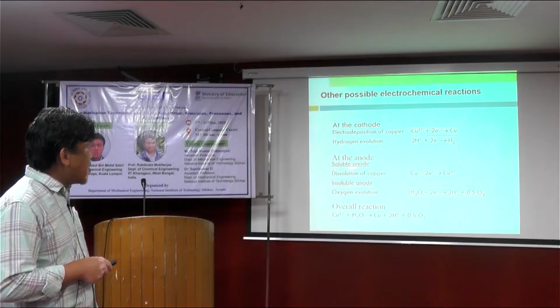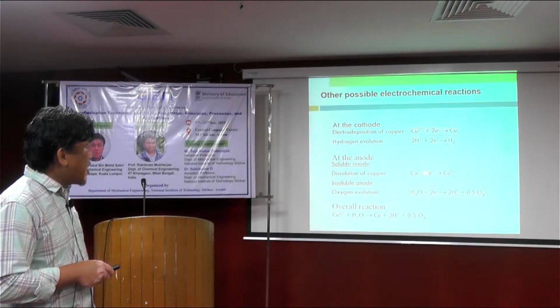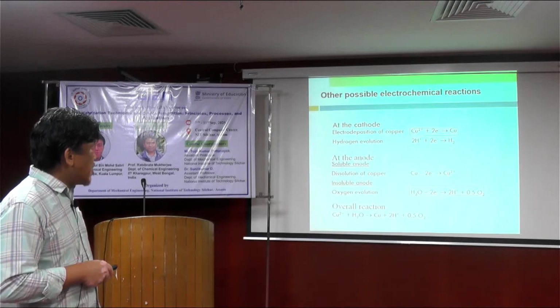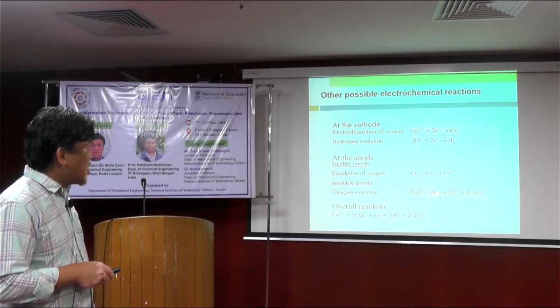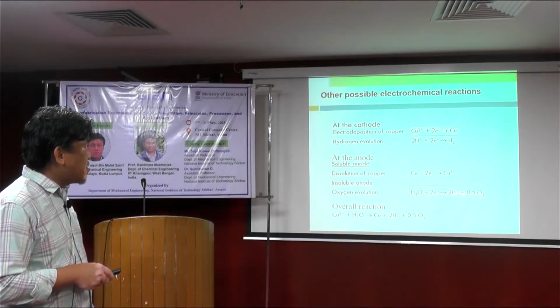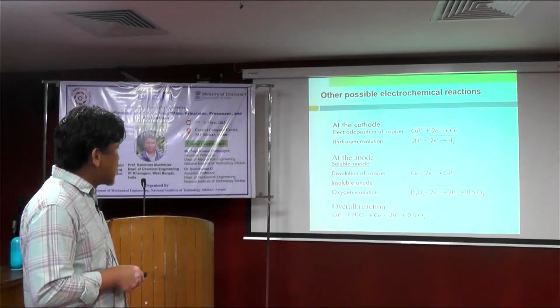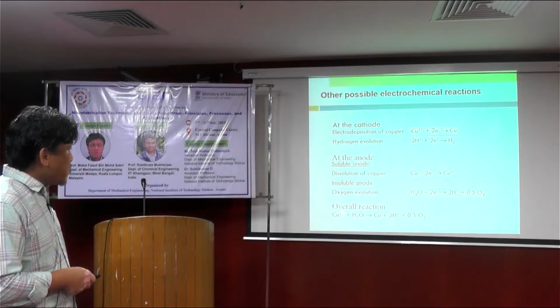At the anode, the soluble anode, Cu minus 2 electrons, gives you Cu2+. For the insoluble anode, you have H2O minus 2 electrons, which gives 2H+ plus 0.5 O2. So the overall reaction is in this manner.